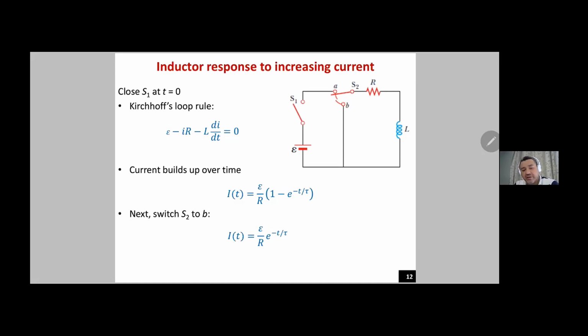Either the current is building up in the inductor, as it stores more energy, or the energy is being dissipated in the circuit. In both cases, the behavior is going to be exponential. I is the current.